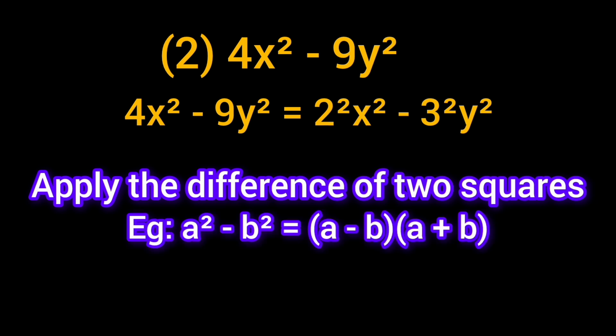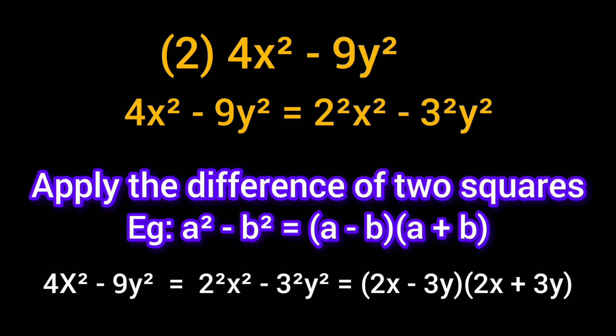We say that when we have a squared minus b squared, you open your bracket and put a minus b, close bracket, open bracket, a plus b. Since both of them are squares, we are going to pick: open bracket 2x minus 3y, close, and open another bracket 2x plus 3y, close.